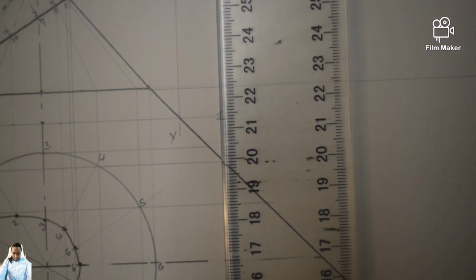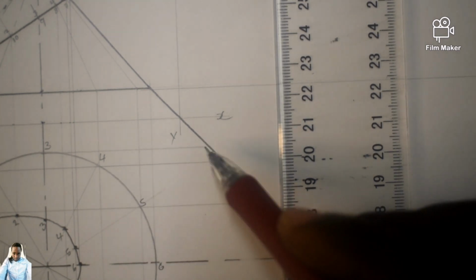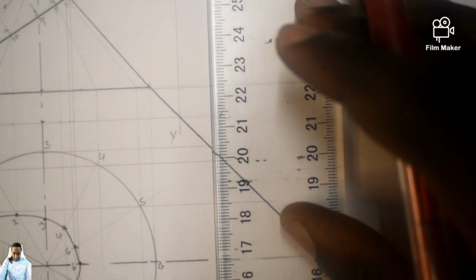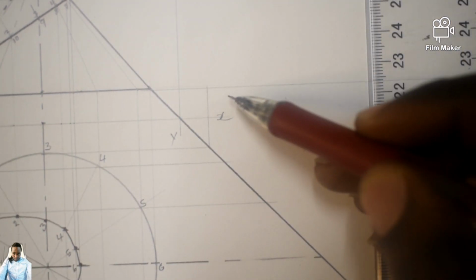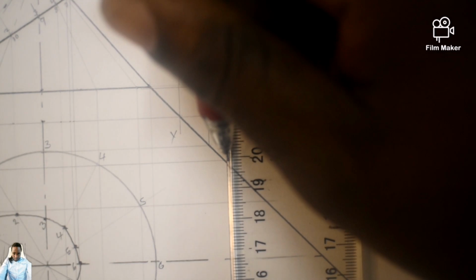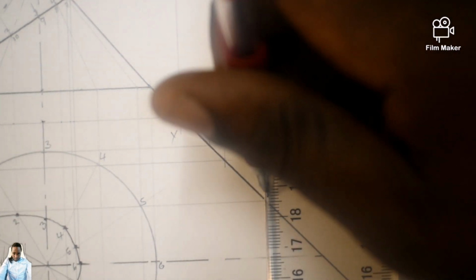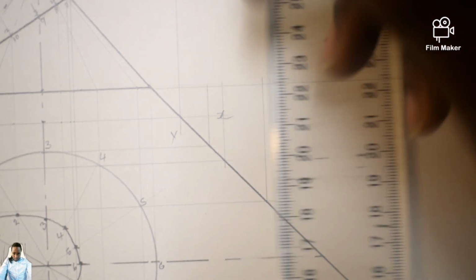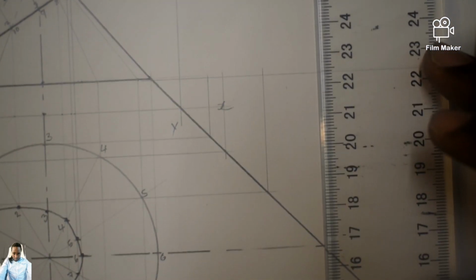So point 3, this is the line 3, which is this one. That goes, I stop here because once it gets here, it will go to my apex point. So this is 2 and 4, stop there. 1 and 5, stop there. 0 and 6, which is the center.